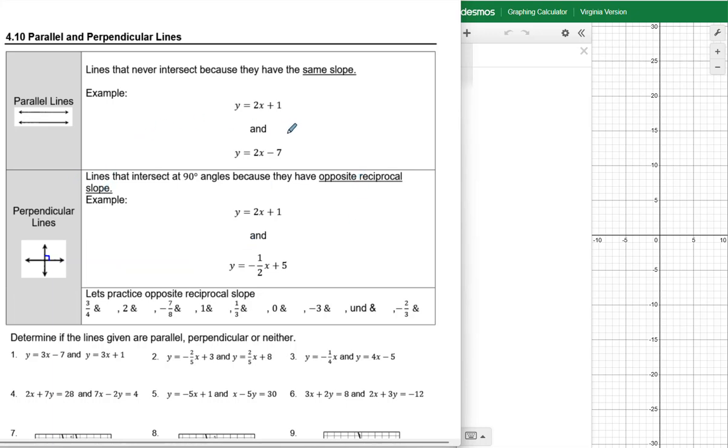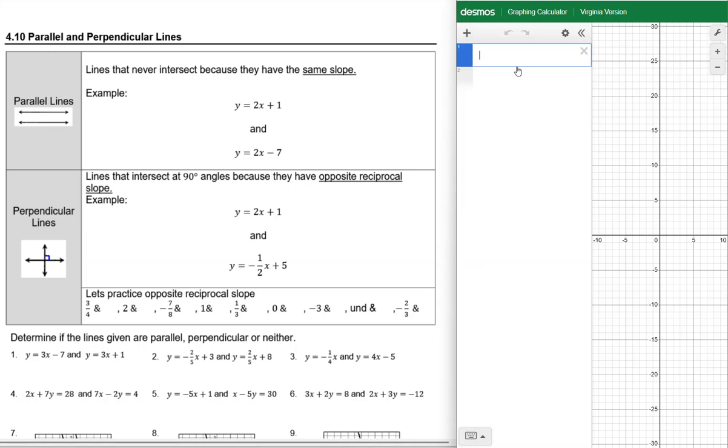All right, first of all, parallel lines have the same exact slope. So if you notice, this equation has a slope of 2, and same with this one. They have different y-intercepts, okay? So let me go ahead and graph it and show you what it might look like on Desmos. So you have y equals 2x plus 1. Here's the first line.